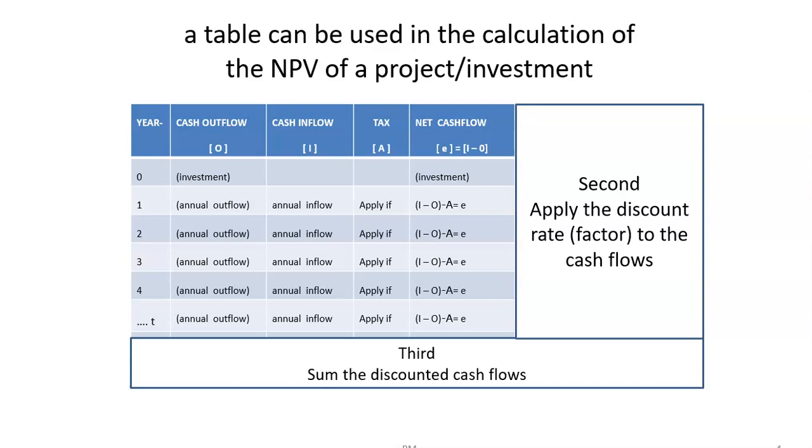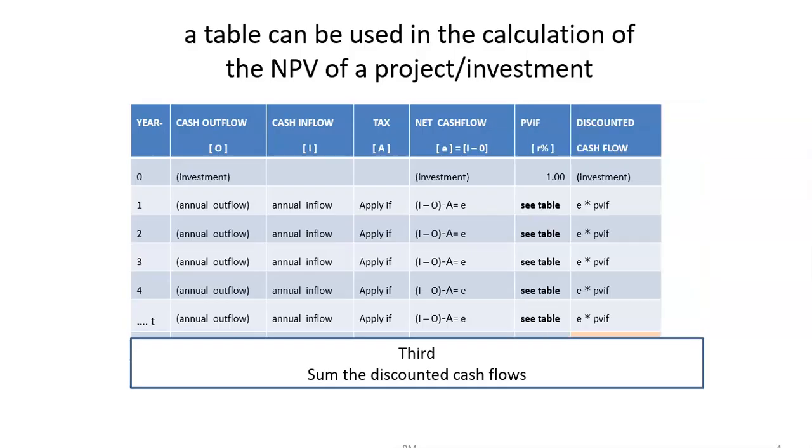Now, once you have the net cash flow, then the second thing to do is to apply the discount rate, right, which is known as the cost of capital. You're going to apply that rate in its discounted form. So normally the examiner will give you a table to work it out.